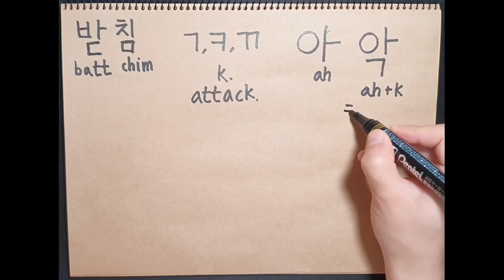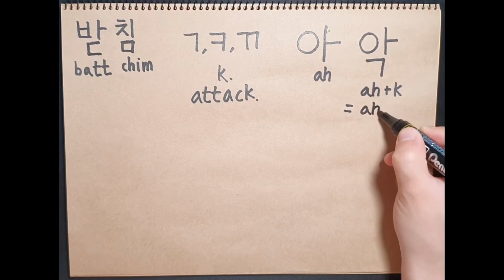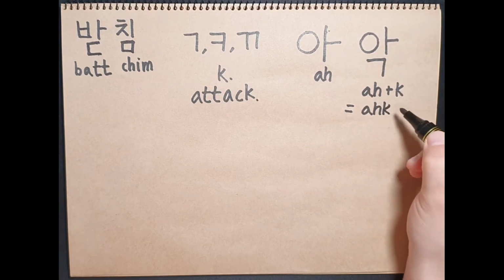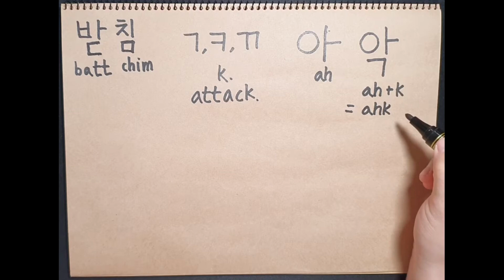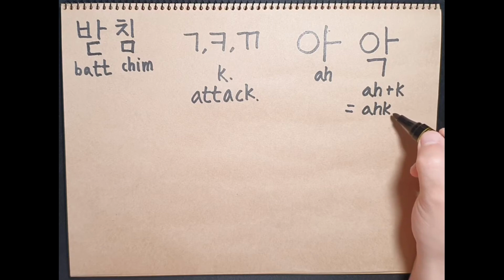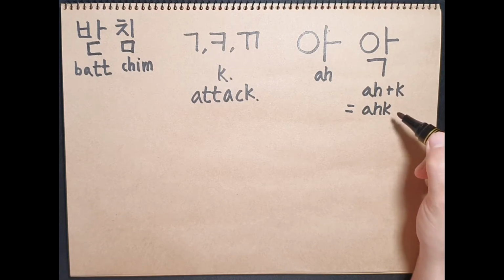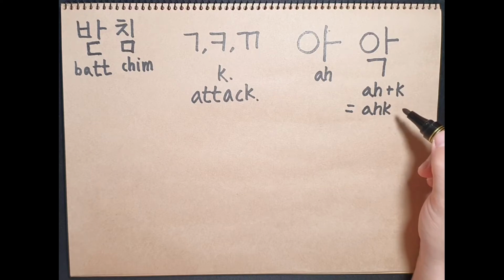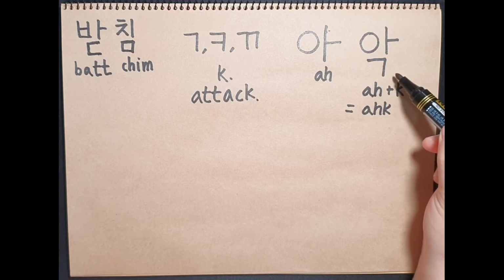So it becomes ak. One thing to notice is that it doesn't have the k sound released at the end. You only need to pronounce until the stopping sound of a K. So when you read this, it becomes ak.